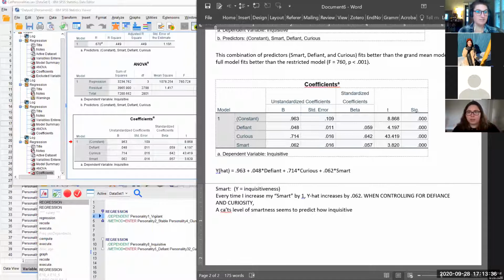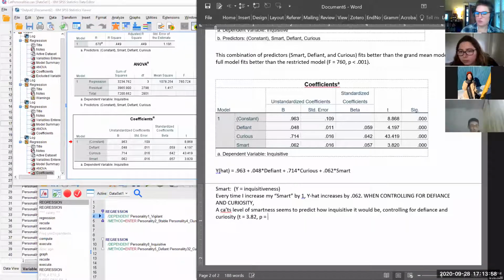Okay. You said this nicely, defiance and curiosity. And then the other thing that's missing here is t equals 3.82, p equals 0.00, p less than 0.001.